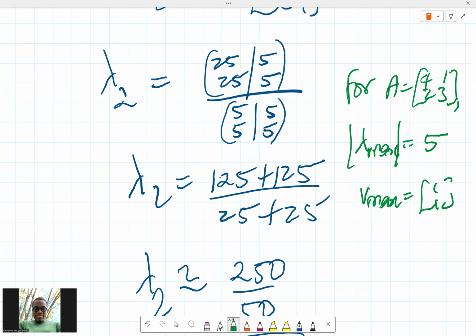Okay, so that works. So that's how to do the power method.